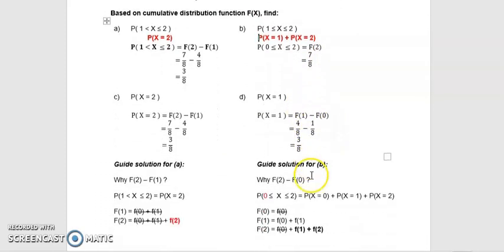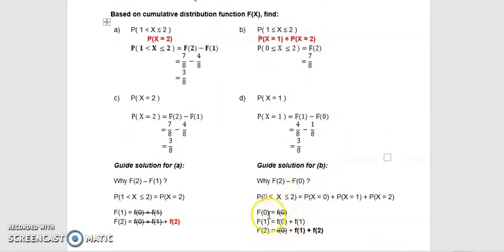You list down f0, f1 and f2. We want 1 and 2 only, right? Which cumulative at x equal to 2 minus which cumulative? Why f2 minus f0, just now? So f2 minus f0.